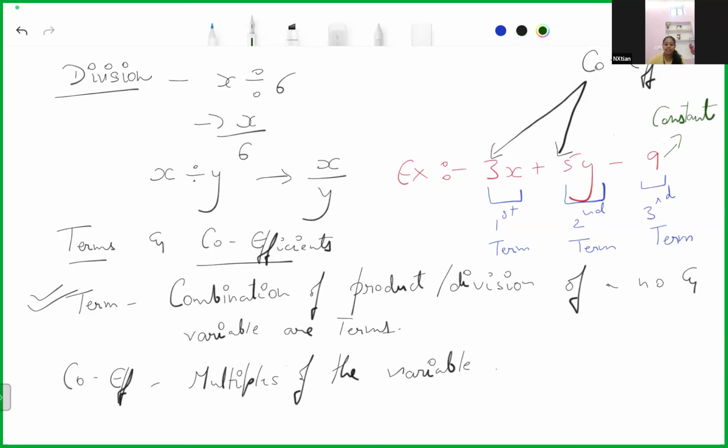And terms are 3x, 5y, and 9. So I have terms, coefficients, constants, and what are my variables? Variables are x and y. So these are my terms and variables.